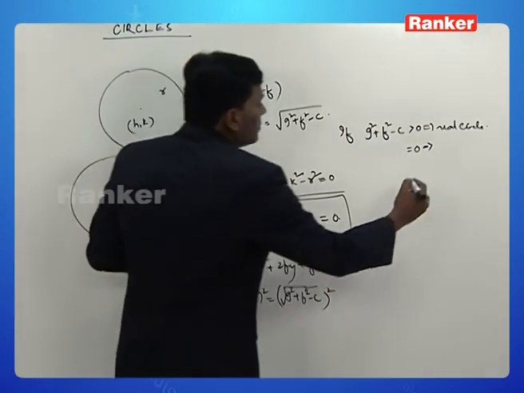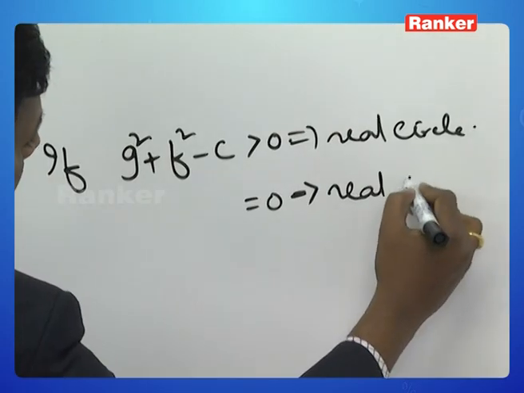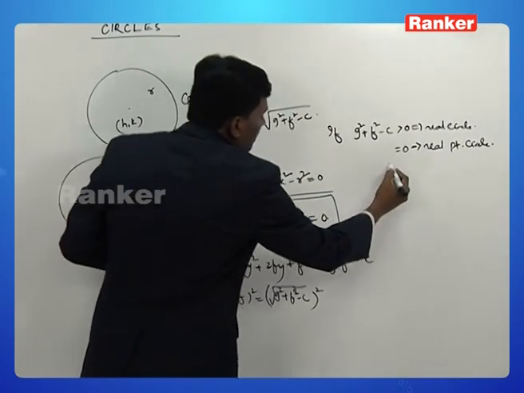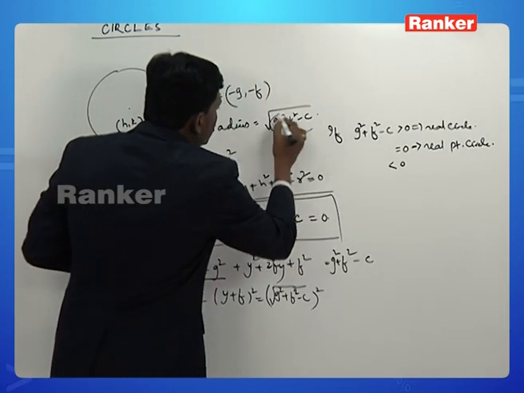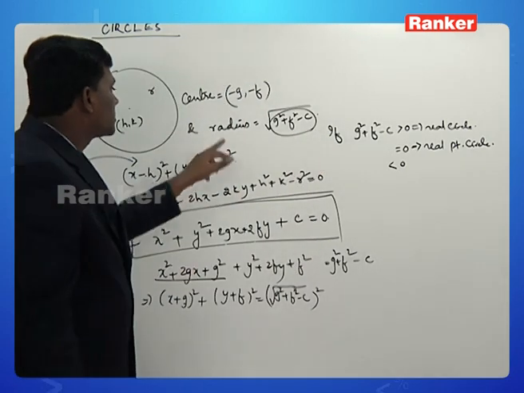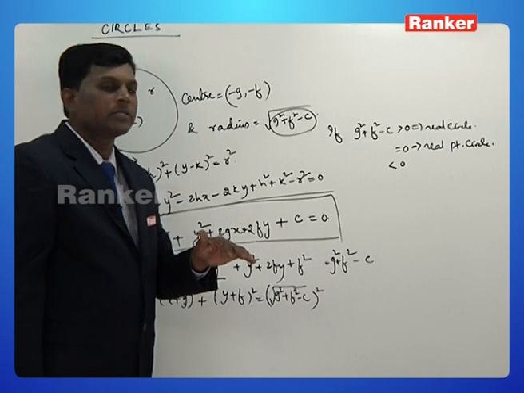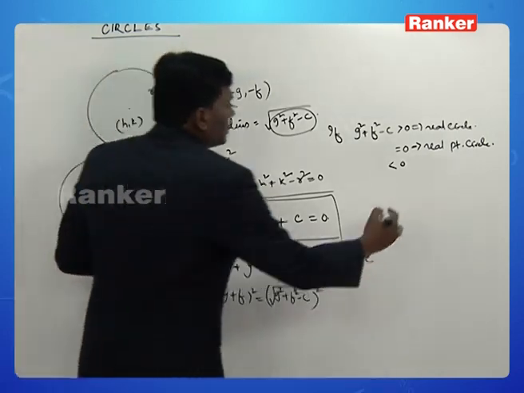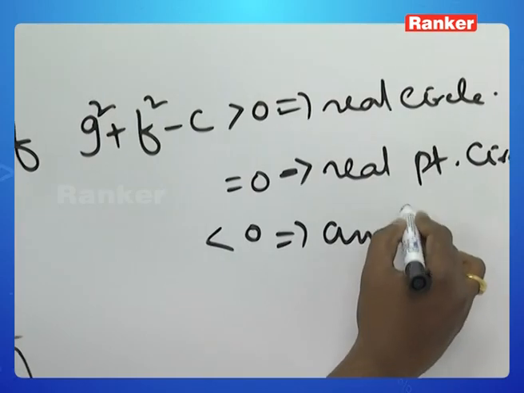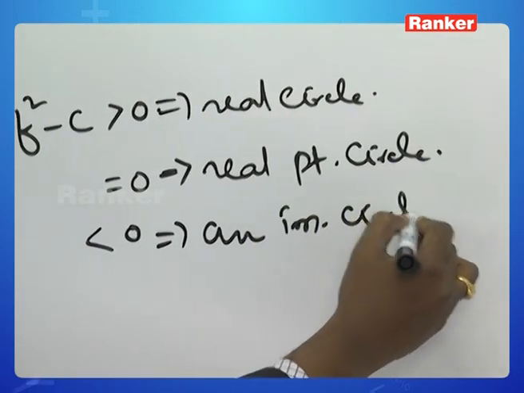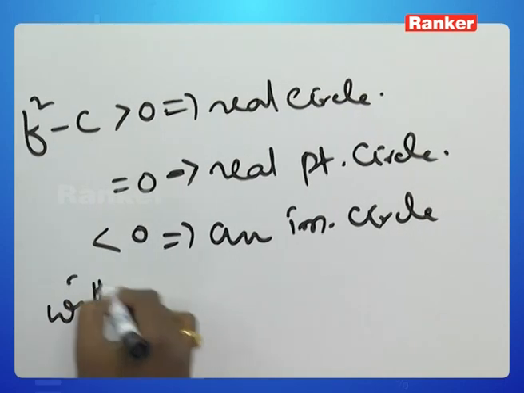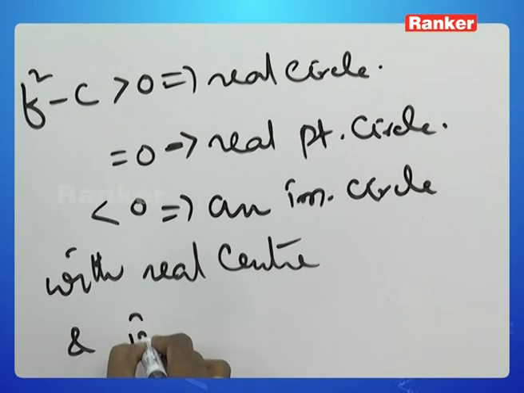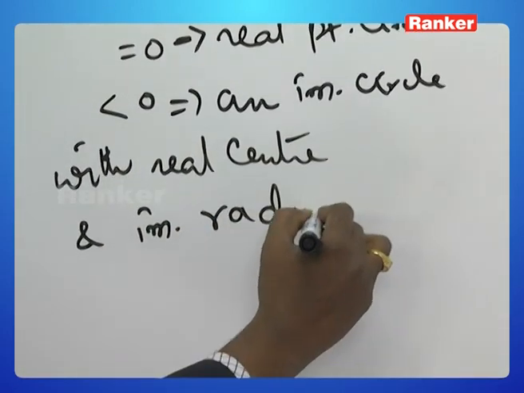That's why this can be taken as a real point circle. And finally, if this value under the root is less than 0, then the whole root will become an imaginary part. Then the circle can be taken as an imaginary circle. We are getting an imaginary circle with real center and imaginary radius.